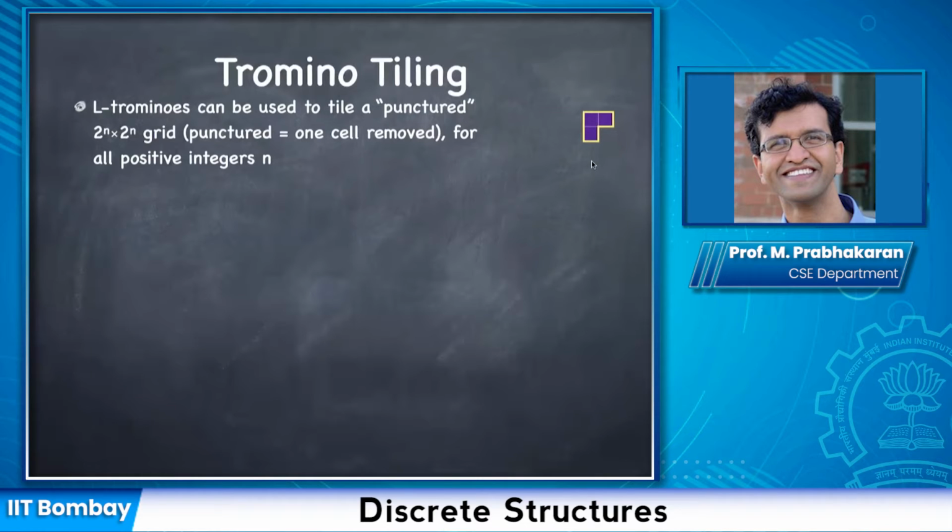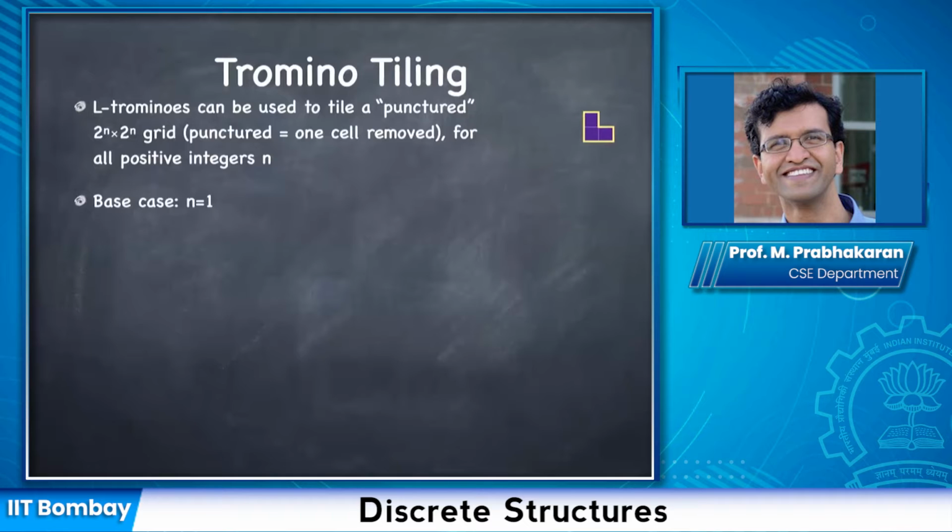I've drawn the Tromino showing the cell at the lower right corner being removed, but you can turn the Tromino around and you'll see that any of the 4 cells could have been removed and you'll still get this Tromino. So I'm going to allow you to rotate your Tromino while doing the tiling.